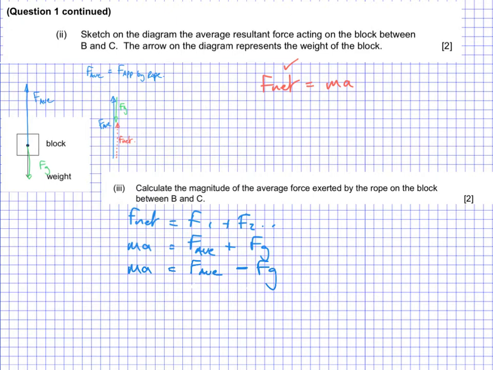Okay, that's a very important bit not to miss. So now we're just solving for the force average. Easy. So force average is going to be mass times acceleration, which is what we previously calculated, plus Fg, which is mg, mass times gravity. So the average force applied by the rope in order to create this scenario, the deceleration of the block down to 0. If you plug everything in, ma comes from our previous question.